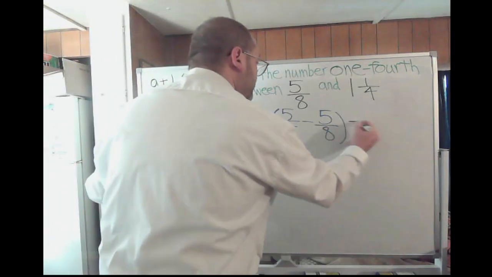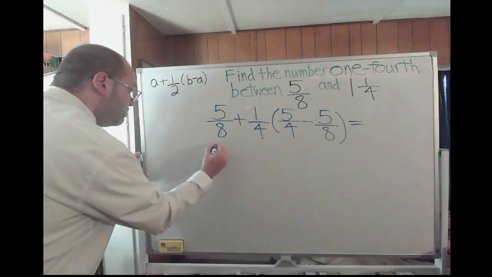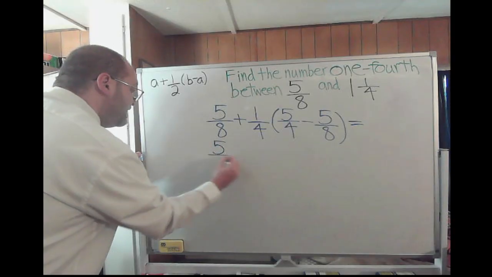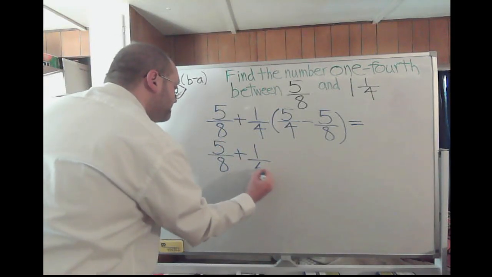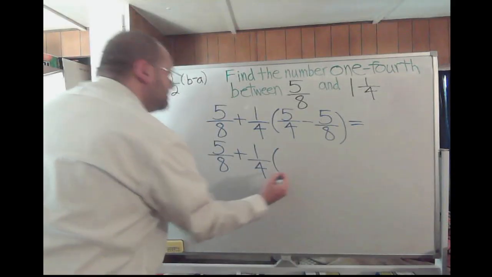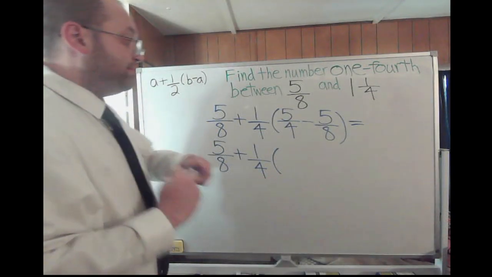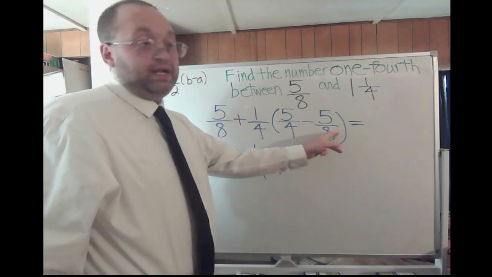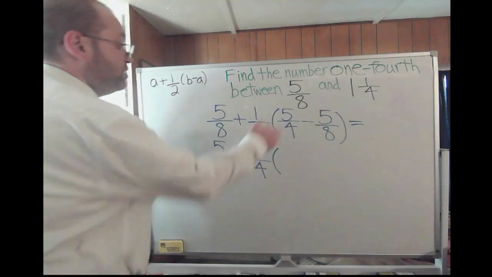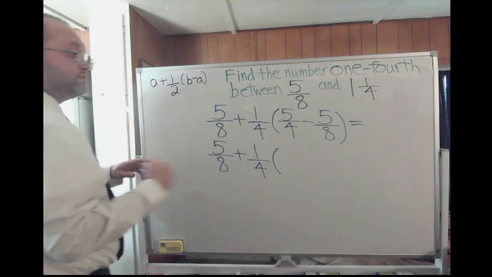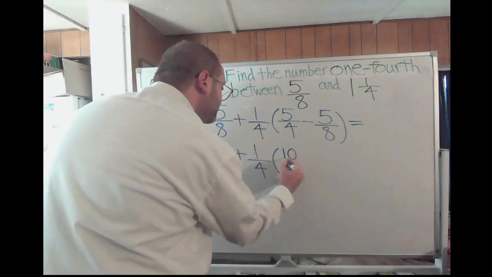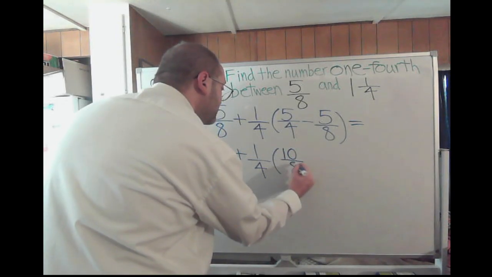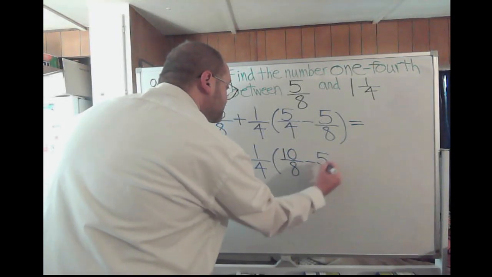So that is our initial equation that we've derived from this. Now we just need to work inside of the parentheses. So we'll still have the 5/8 plus the 1/4 times, okay, the least common denominator between 4 and 8 is definitely 8, right? So you got to multiply numerator and denominator of the first fraction by 2. If you do that, you get 10/8, then minus your 5/8.